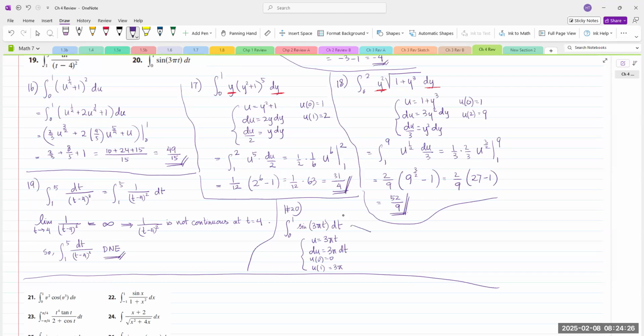So now our integral becomes the integral from 0 to 3 pi of sine u du over 3 pi. That is 1 over 3 pi. Sine at 3 pi, that's a multiple of pi, so that's 0 minus 0. That's 0.